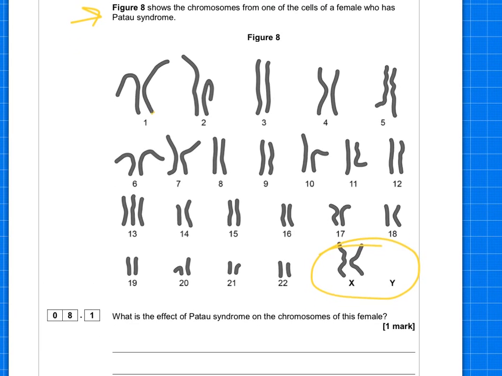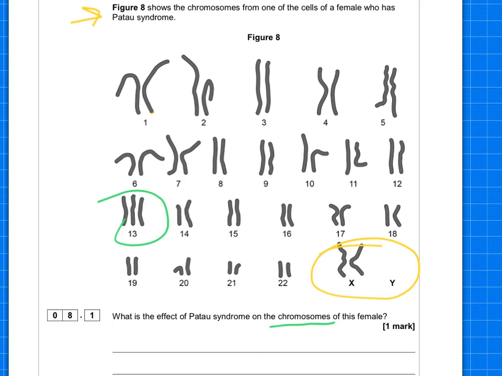So they show you all the chromosomes, and you can see the homologous pairs for 1, 2, 3, 4, 5, 6, 7, 8, 9, 10, 11, 12, 13. I'd say there was a problem there. Extra chromosome. So it says, what is the effect on the chromosomes?